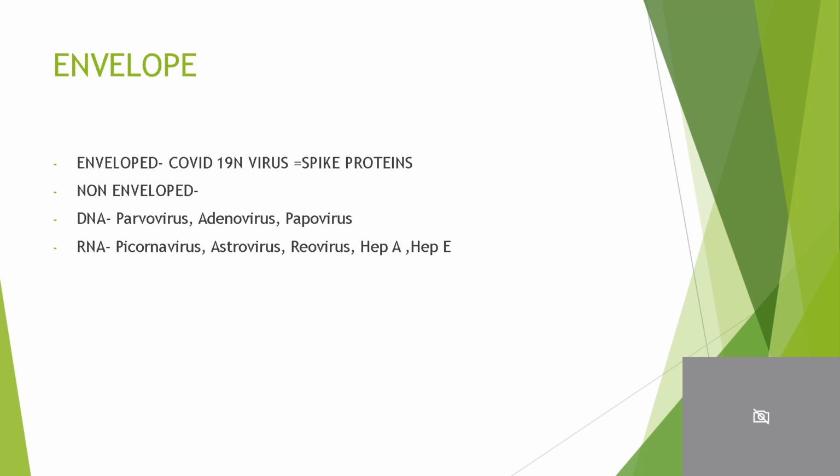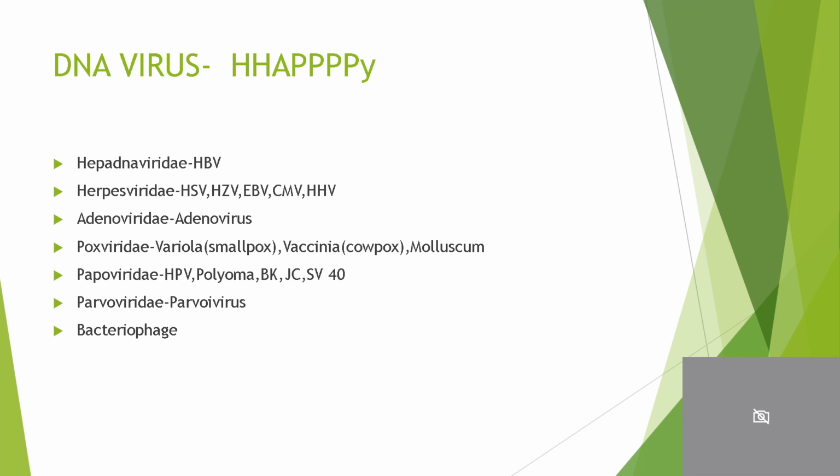Now coming to the list of the DNA viruses. When we read about the DNA viruses, it is very difficult to recall each and every DNA virus by its name. So we can learn it through a mnemonic, which is basically a happy face. We have just extended the alphabets of happy, making us much more happy. So let's go through it.